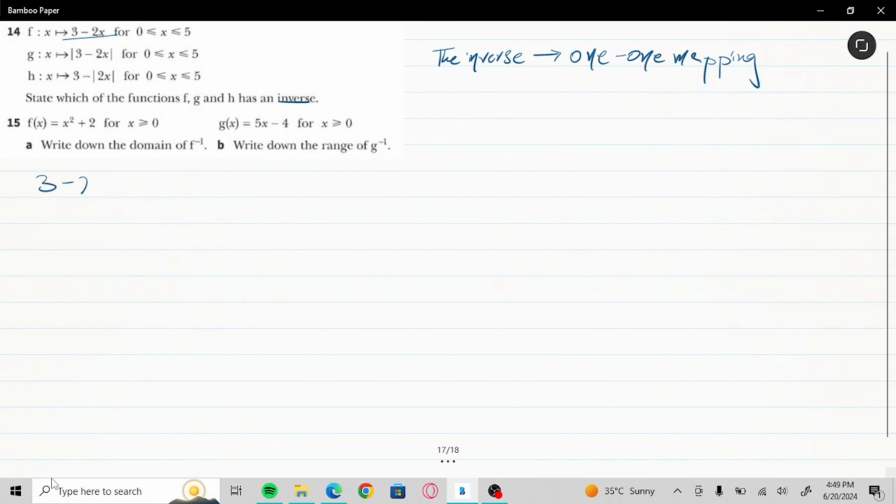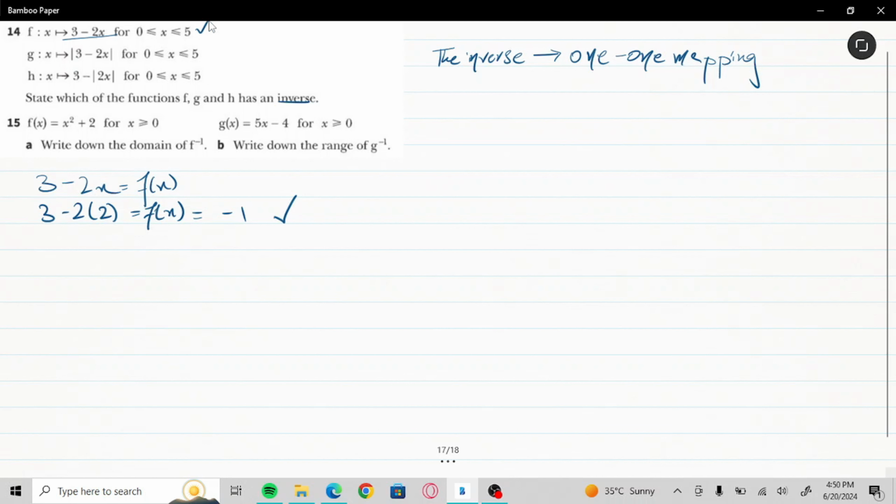If we input one value, 3 minus 2 multiplied by 2, we will get only one output, which is 3 minus 4, which is negative 1. One input, one output. That means this can have an inverse. So we are clear that the function f has an inverse.